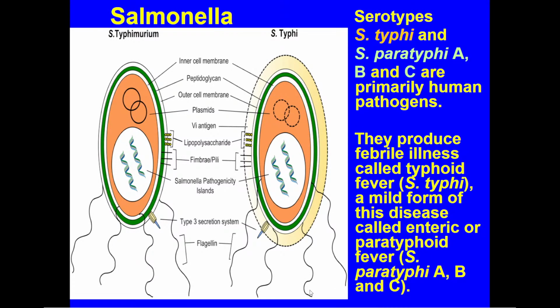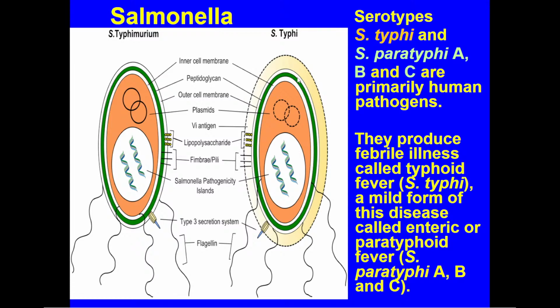So you can compare Salmonella typhimurium and Salmonella typhi and Paratyphi A, Paratyphi B. You can see that the structure is very much the same, right? Peptidoglycan in the periplasmic space, then inner membrane and outer membrane.